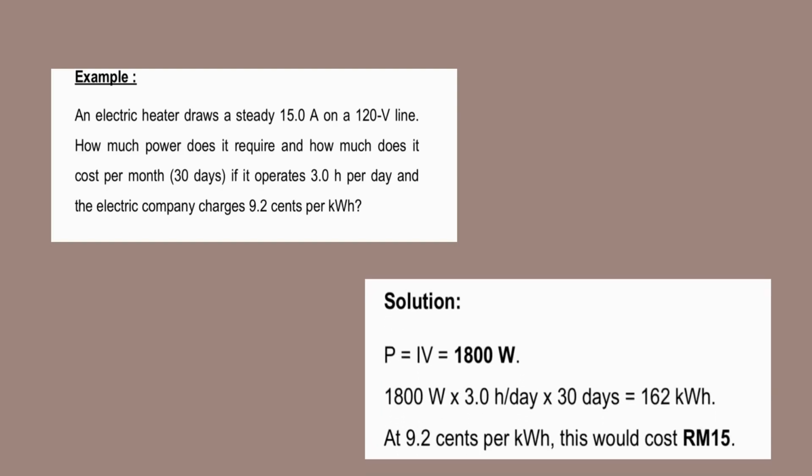So the solution is we use the formula P equal to IV and we get 1800 watts. Next, we calculate 1800 watts times 3 hours per day times 30 days, and we get 162 kilowatt hours. Therefore, at 9.2 cents per kilowatt hour, this would cost 15 ringgit.